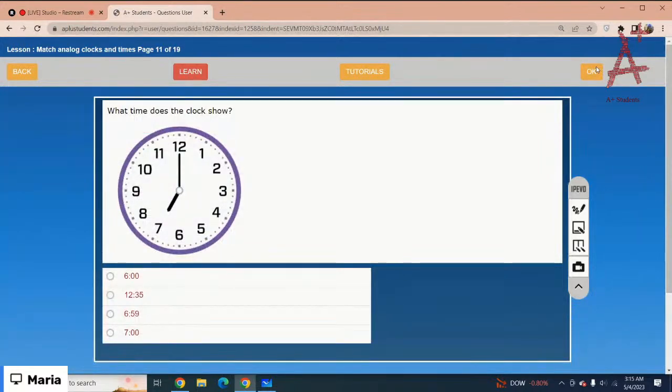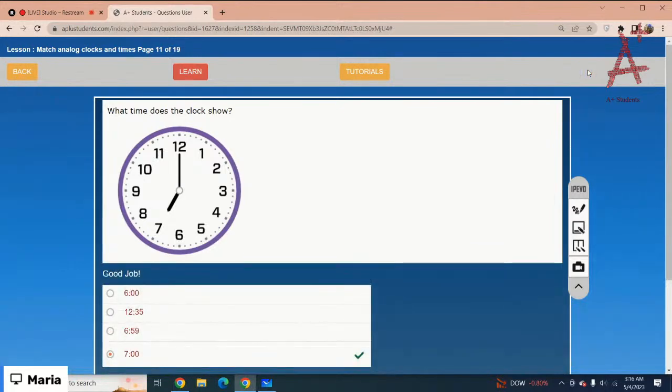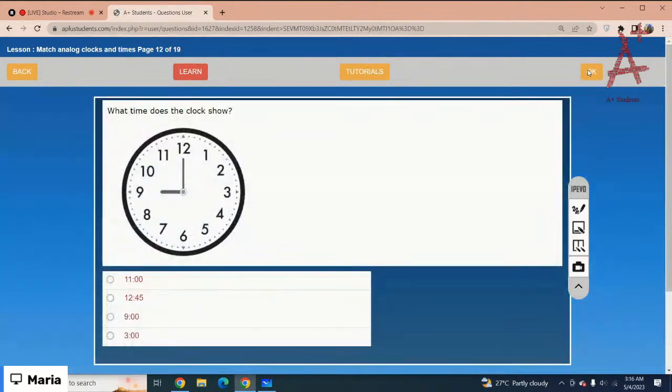Okay, what time does the clock show, which is the correct option? Yes, it would be 7 because the shorter hand points to 7. So it would be 7. Okay, what time does the clock show?